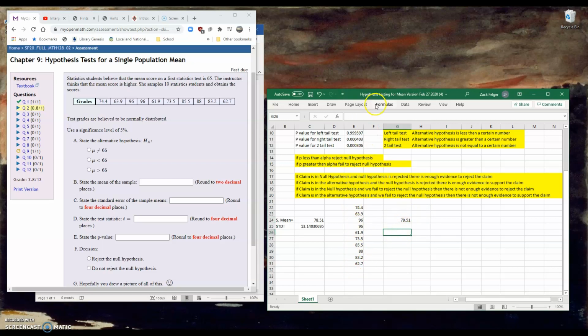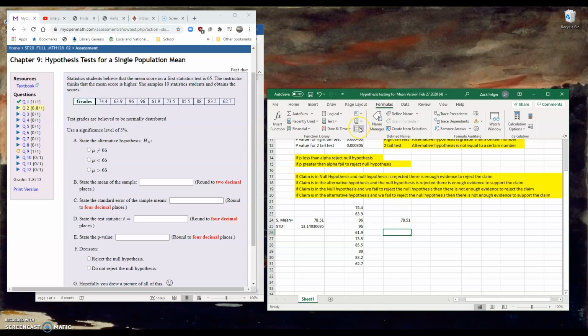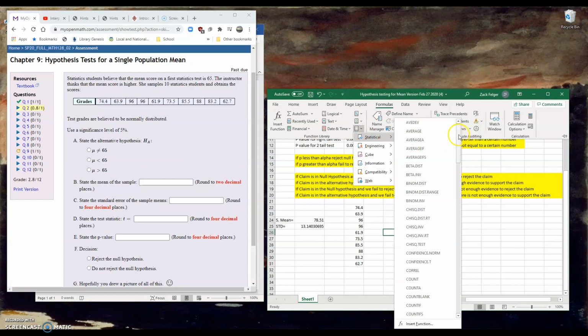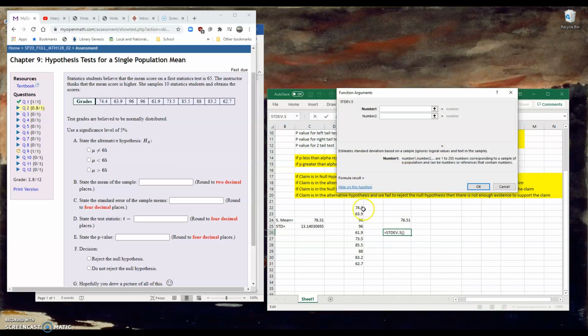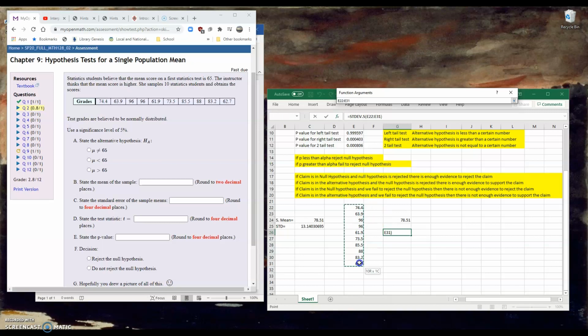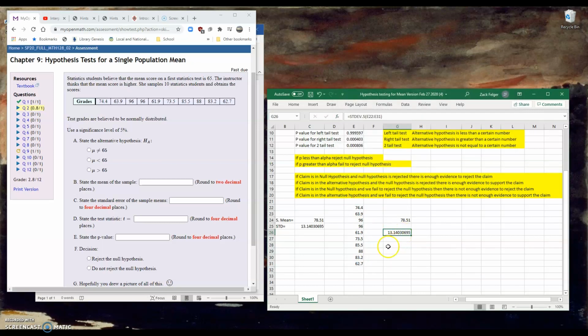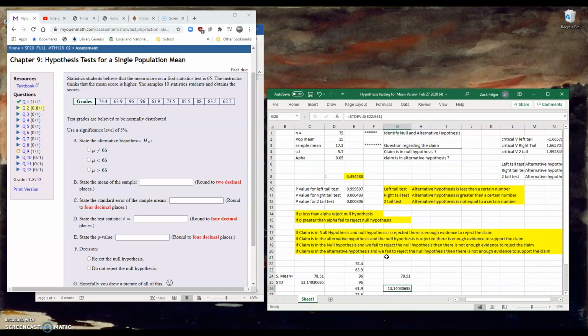Now to get the standard deviation, same thing: formulas, more functions, statistical, and we're going to scroll down to standard deviation of a sample, STDEV.S. Again, you can just highlight the data, hit enter, and that will calculate the standard deviation that you will need to enter to calculate this data in the spreadsheet.